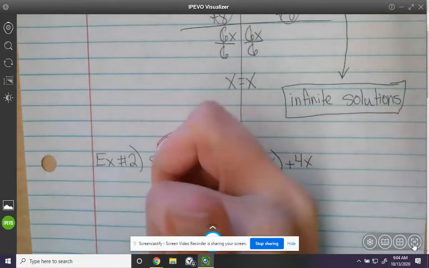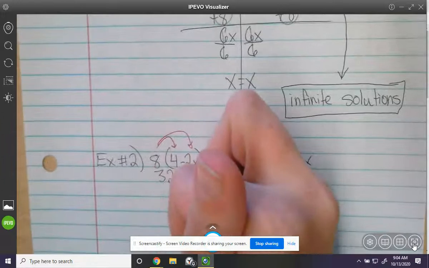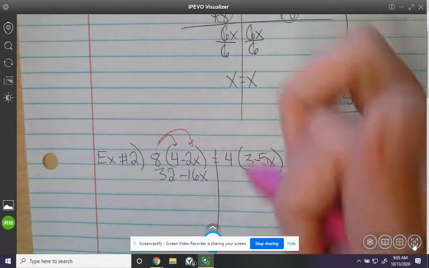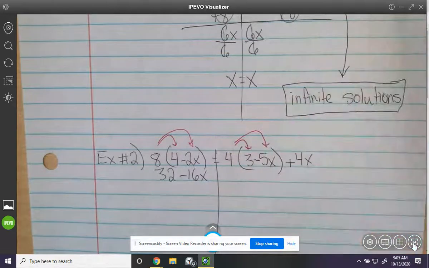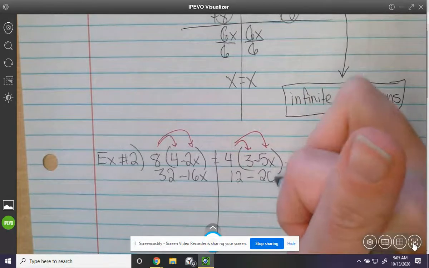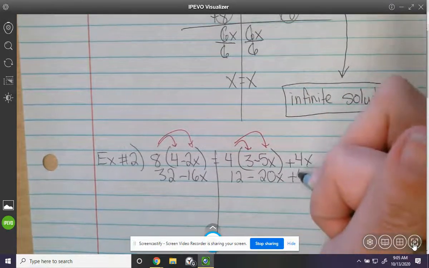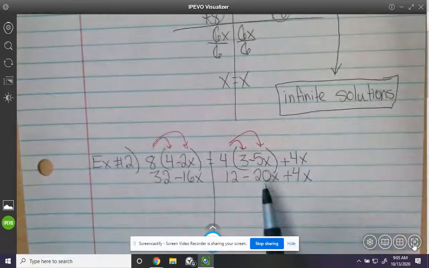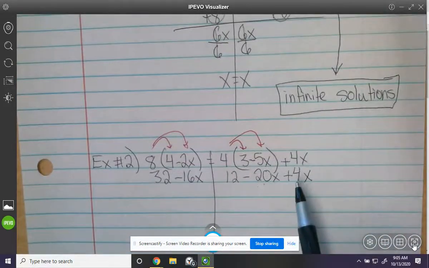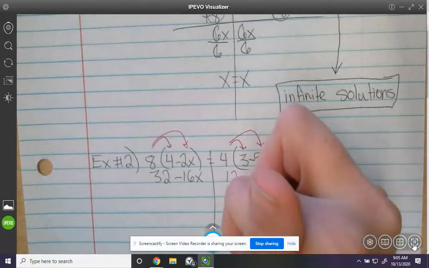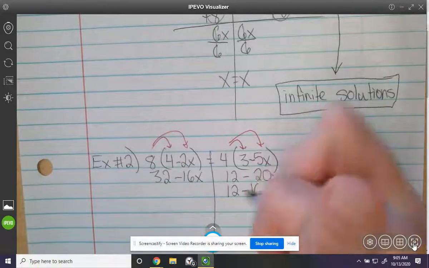That's going to be 32 minus 16x, and that's going to be 12 minus 20x, and then drop down your 4x there. This time I'm combining my x's because they both are x's. If I type in negative 20 plus 4x, I'm going to get 12 minus 16x.